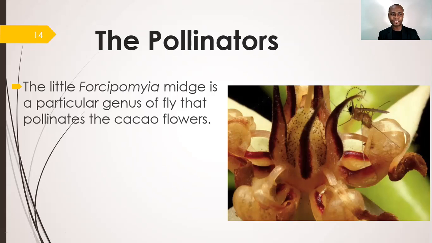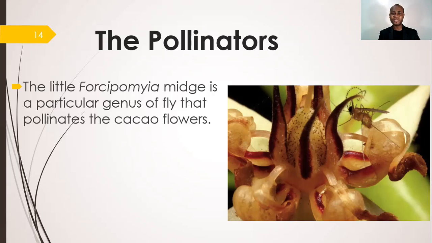They are called midges. And these midges tend to be the only naturally occurring insects that pollinate cacao because bees do not have the capacity to help in pollination.